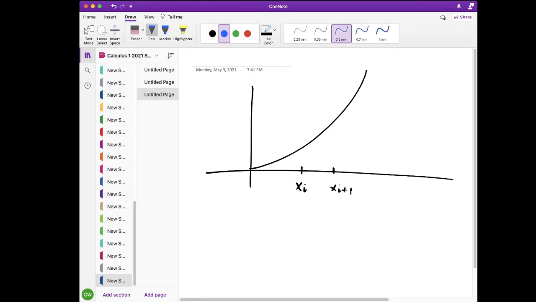We just said before that if you want to take a left approximation, you draw the height of the rectangle at xi and then draw over. So this is your approximation on this interval. Now, where do you draw the rectangle for right approximation? What point in the interval do you draw for right approximation?